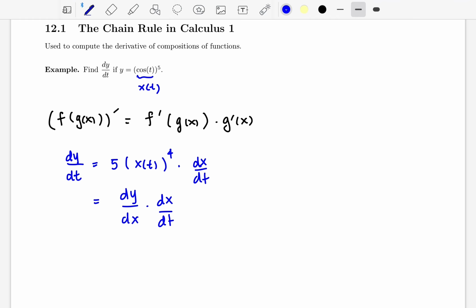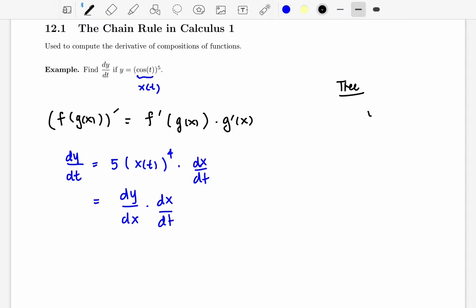Now, what we're going to use to remember this formula is something called a tree, and that tree of derivatives will tell you how to put together the chain rule now in higher dimensions. So let's start easy with this case. Let me just say tree of derivatives.